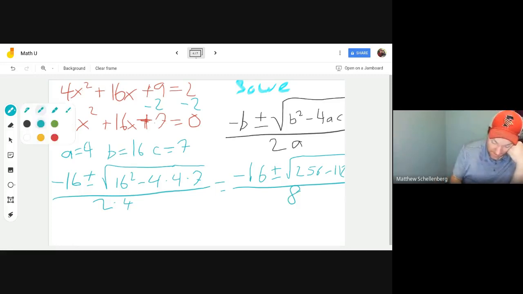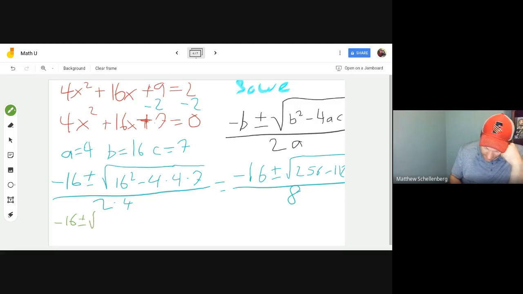Let me use a different color so we don't get confused. That is minus 16 plus or minus the square root of 256 minus 112 is 144. Wow.